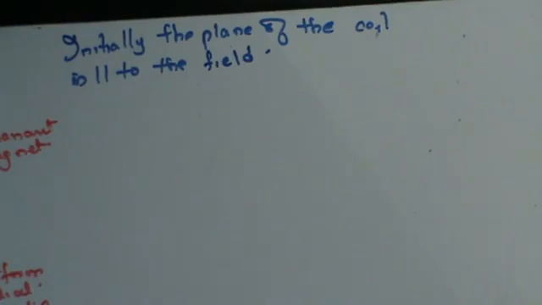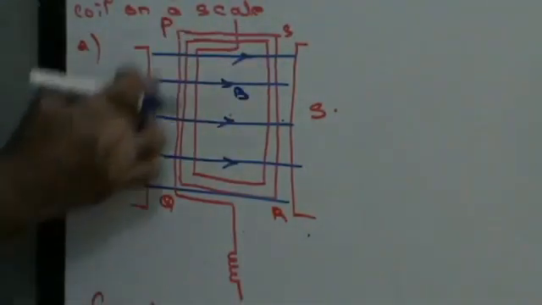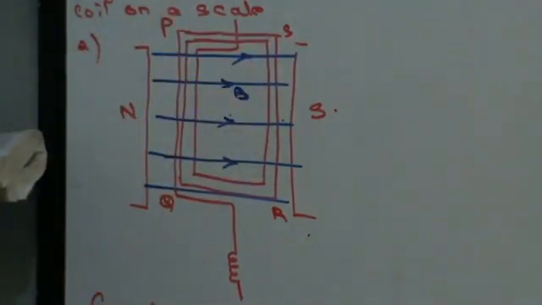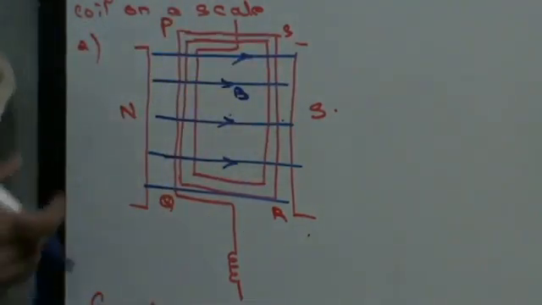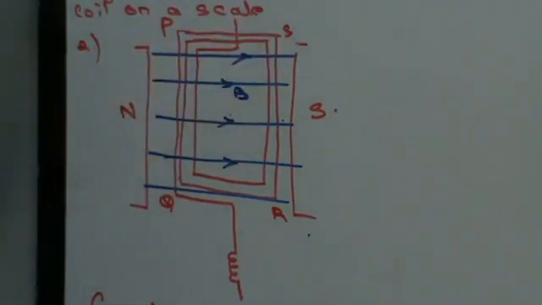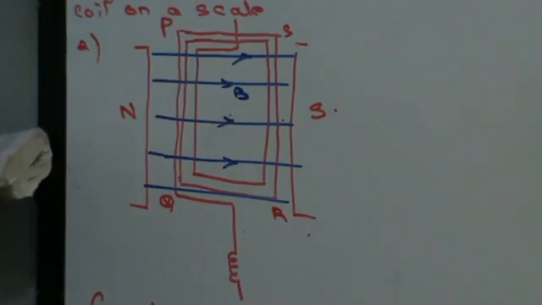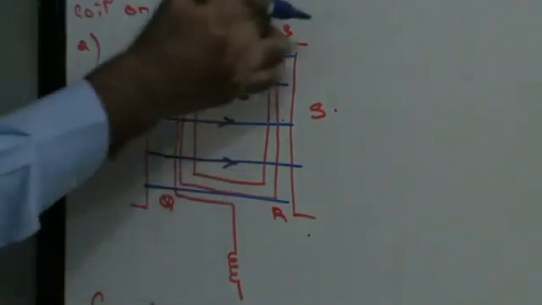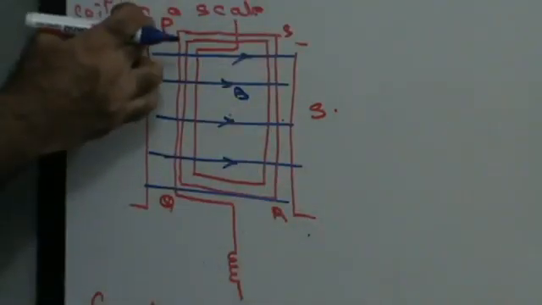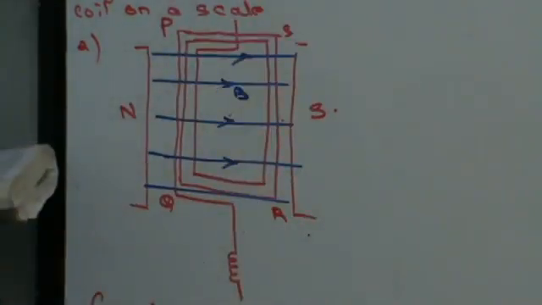Guys, can you see this? You have two sides. Let's consider the shorter sides PS and QR. They are parallel to the direction of the field. Since they are parallel to the direction of the field, they will not experience any force. However, the sides PQ and SR are perpendicular to the direction of the field.